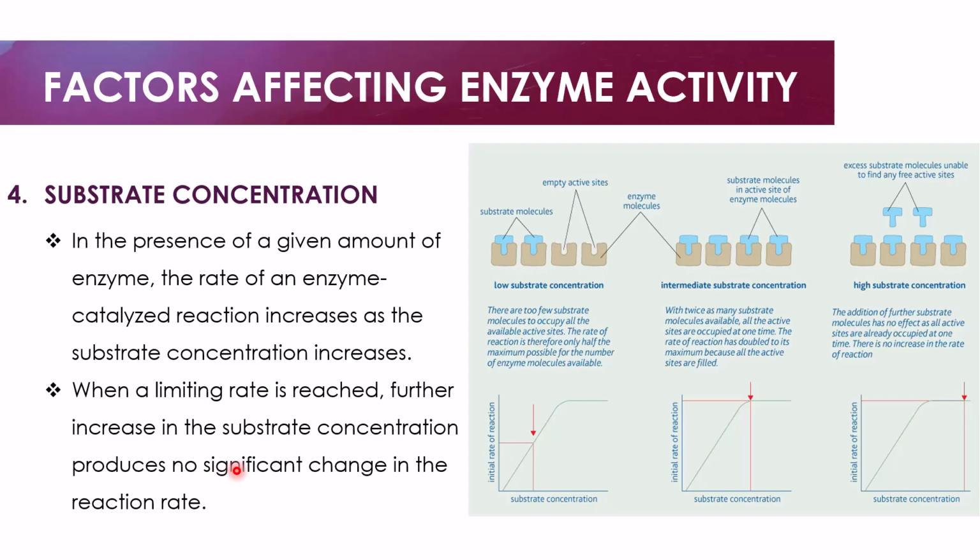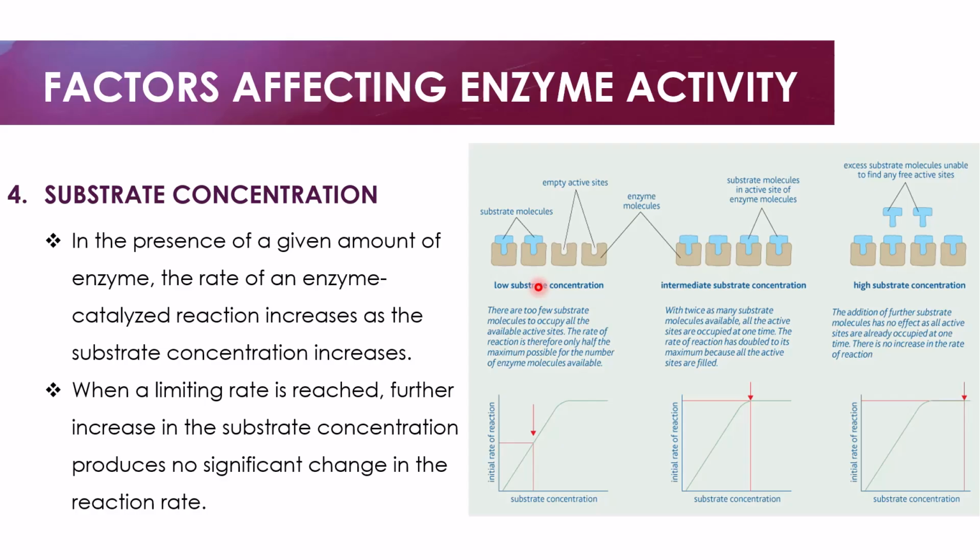Now, we also have three main conditions related to substrate concentration in an enzymatic reaction. And these are the low substrate concentration, the intermediate substrate concentration, and the high substrate concentration. So let's take them one by one and look at what happens at each stage.